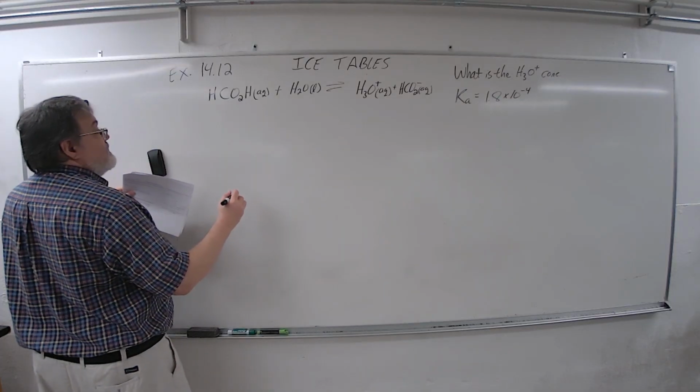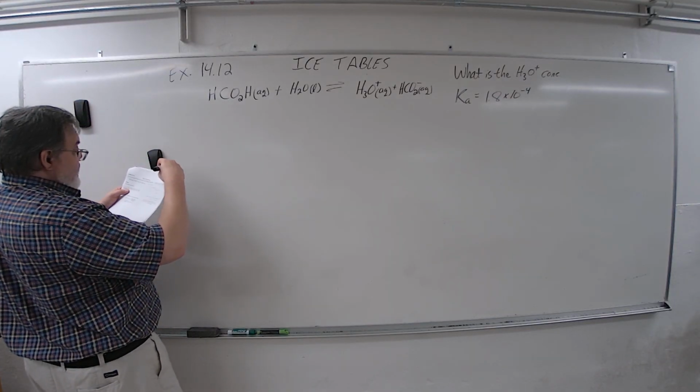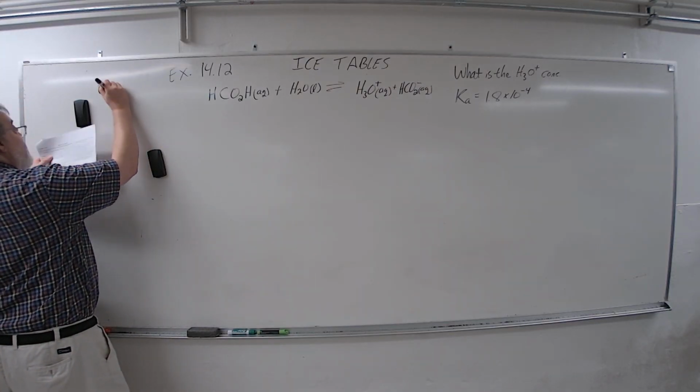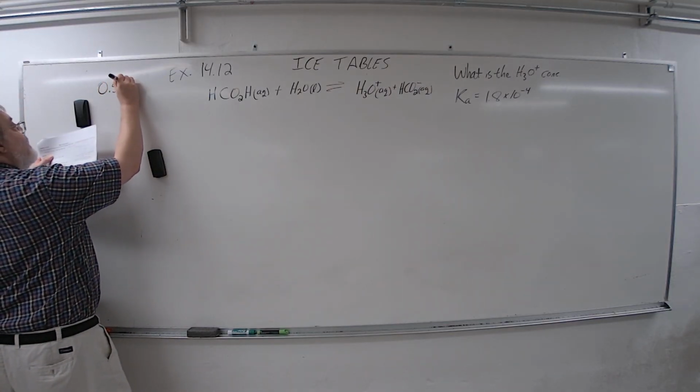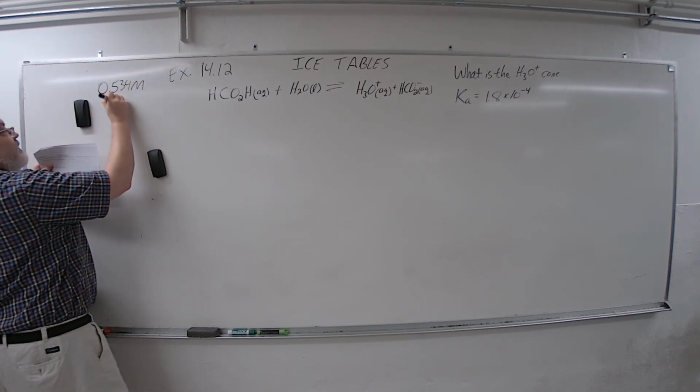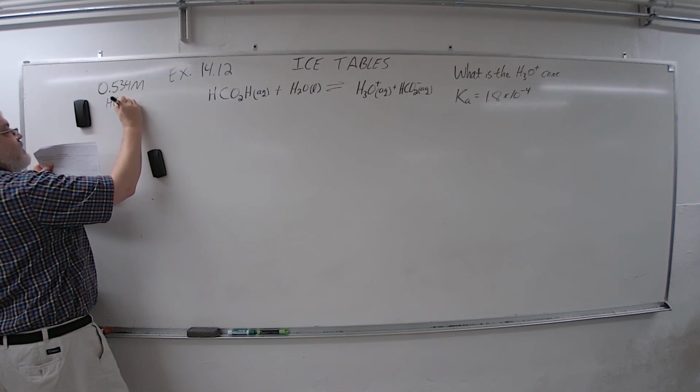So we've got 4 columns here. And then they tell us we start with this molarity solution of HCO2.